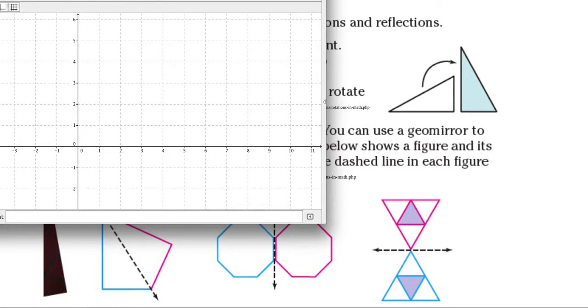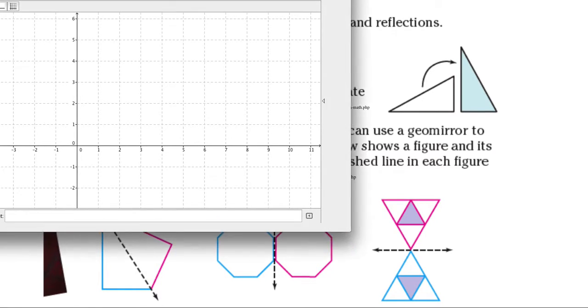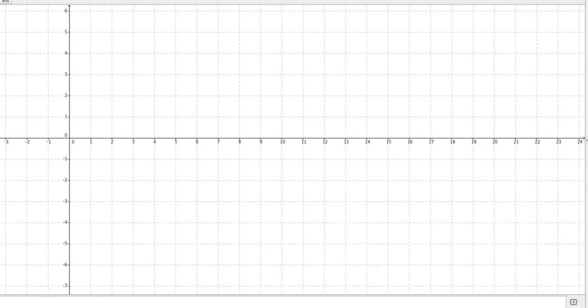In a rotation, you are going to rotate on a point. So let's say we have a triangle, and let's do a similar triangle to the one in the book. So let's do this triangle right here.